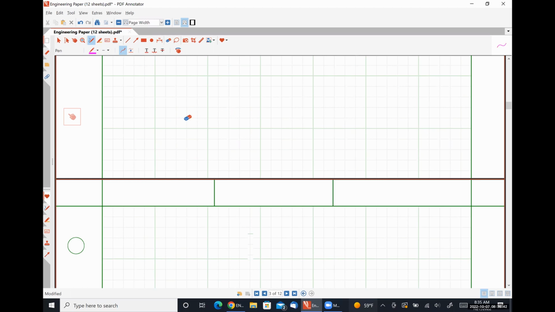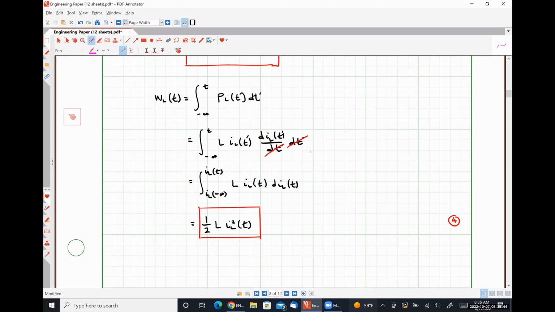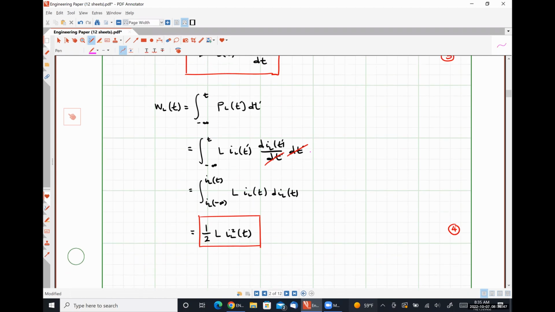So this is a dummy variable. We did the same thing when we were dealing with our relationship for charge on the second day of class. So anytime that I'm doing a derivative in this class, I full on express the derivative as a function of whatever variable we are doing.